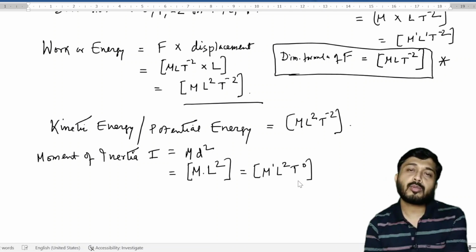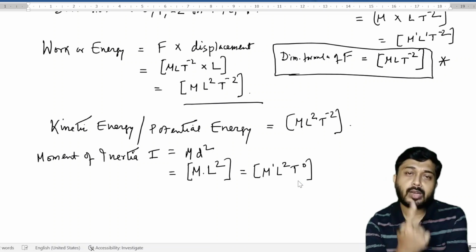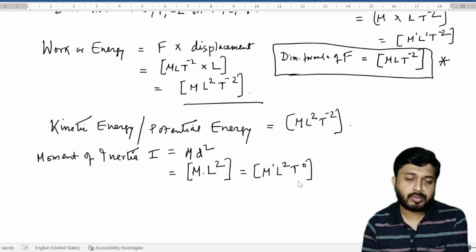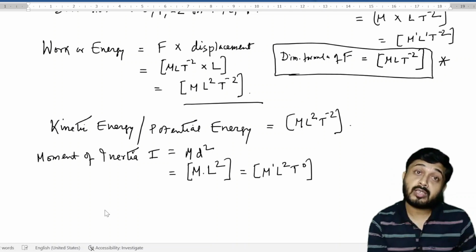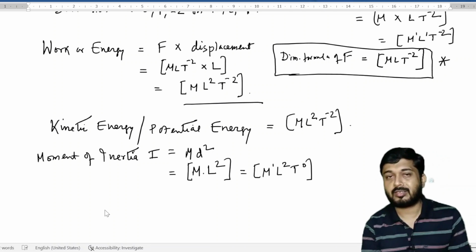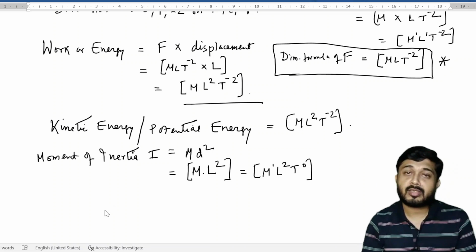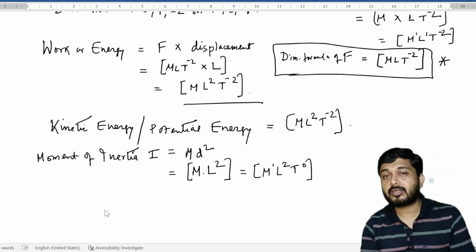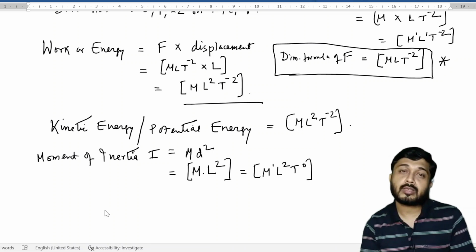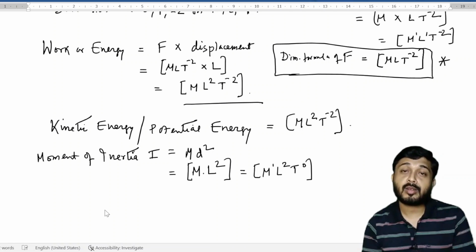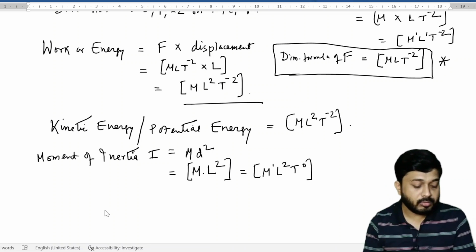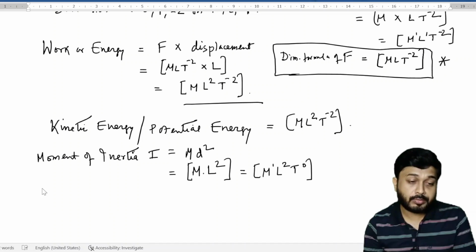Because T to the power 0 is nothing but 1. That will not make a difference. That's how we respect all these three main fundamental quantities, length, mass and time, which are always preferred to be written in the dimensional formula of a physical quantity. Am I clear?